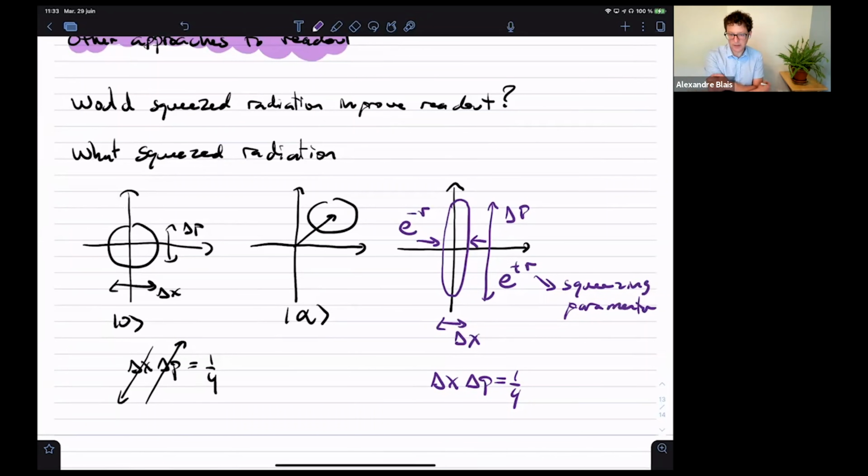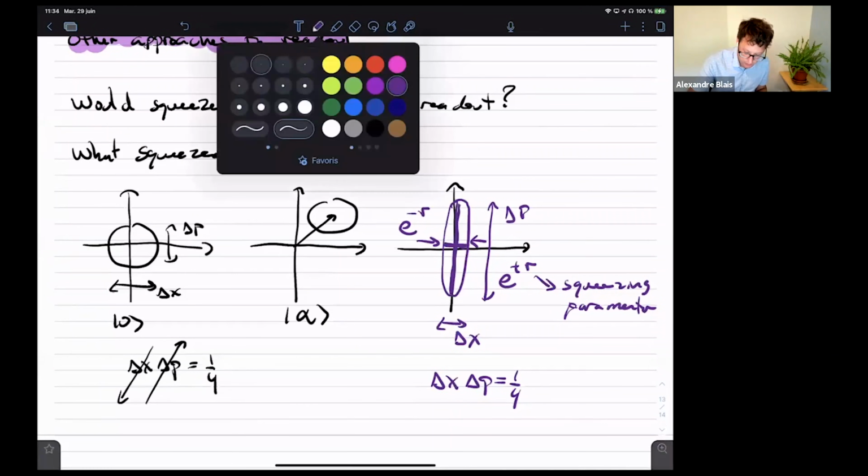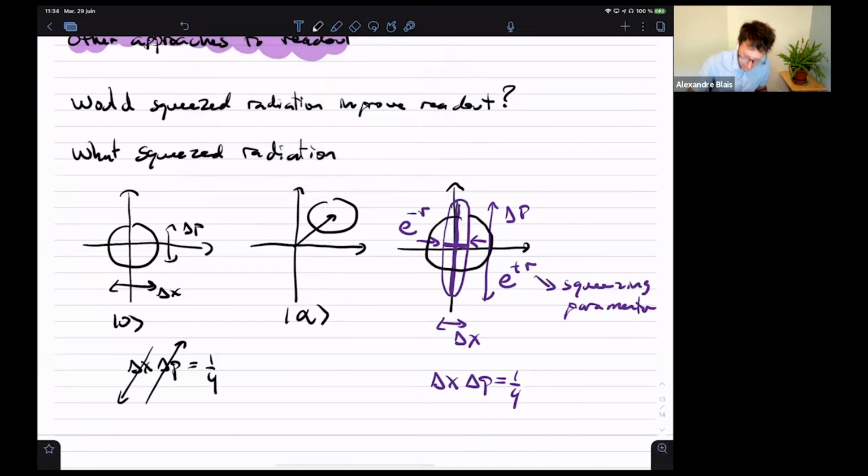And sometimes squeezing will be described in terms of dB, how many decibels of squeezing there are. The way this is done is simply by comparing the noise in the squeezed quadrature, there's a squeezed quadrature here and an anti-squeezed quadrature, to the noise of vacuum.